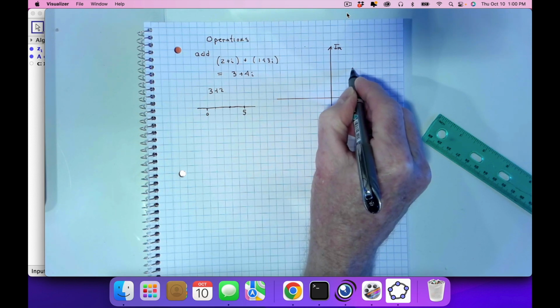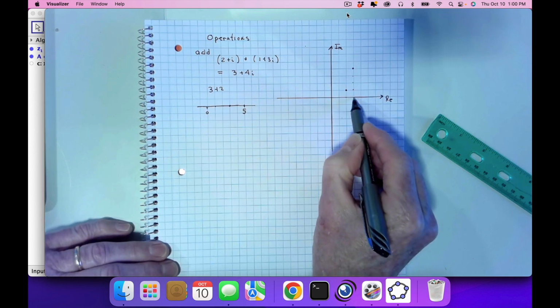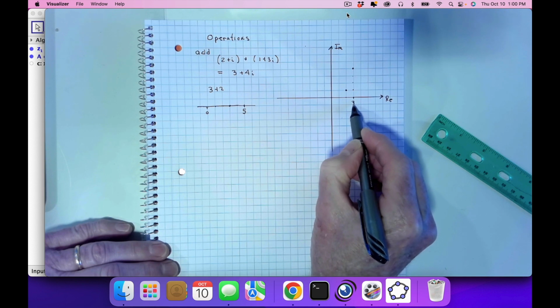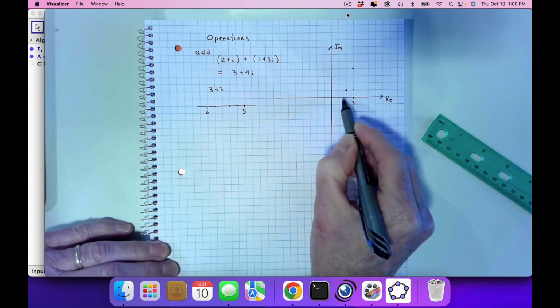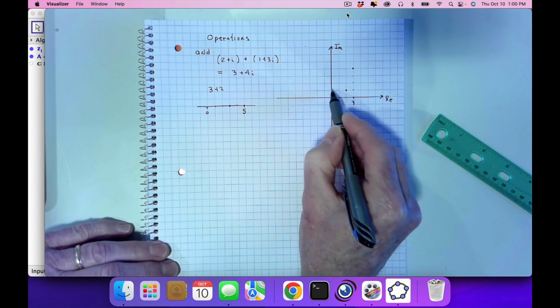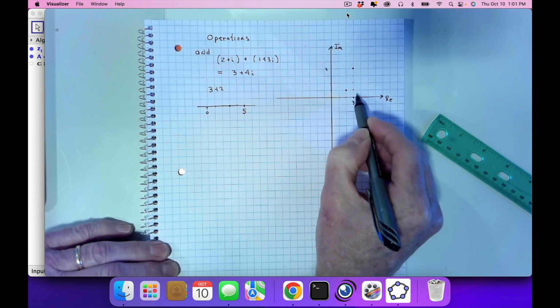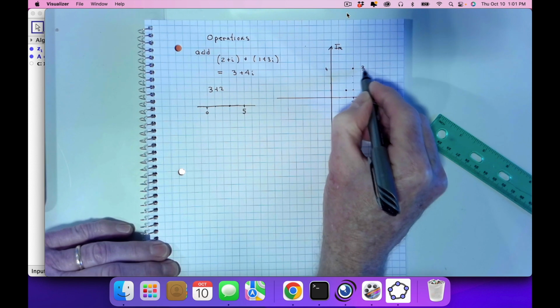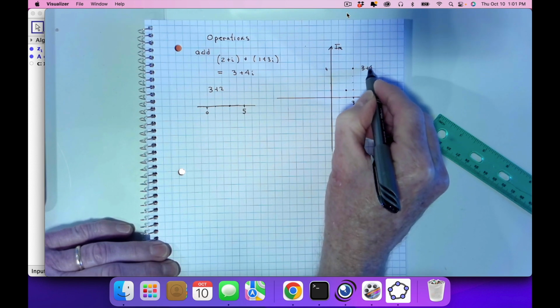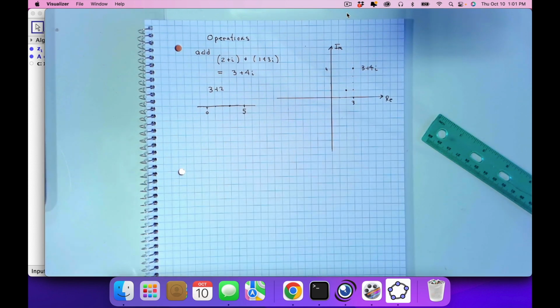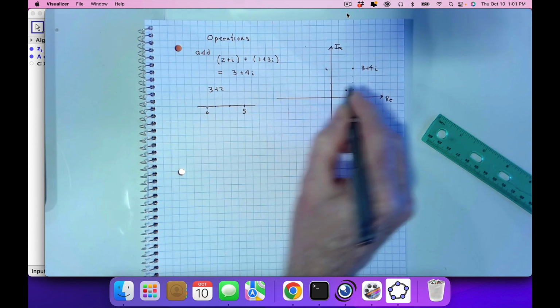So where do we land? 1, 2, 3, 1, 2, 3, 4. And so we are at 3 plus 4i. Adding those two numbers.